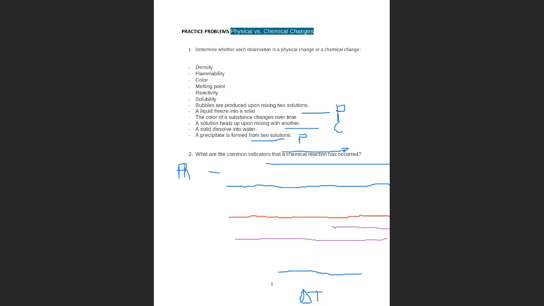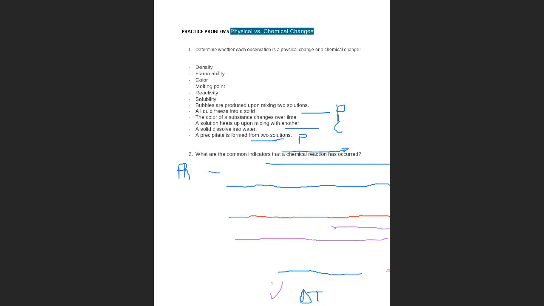We are trying to see if it's a chemical reaction. We said temperature, gas, what else? We said the last one, a precipitate, a solid forms. You mix two liquids and you obtain a solid.